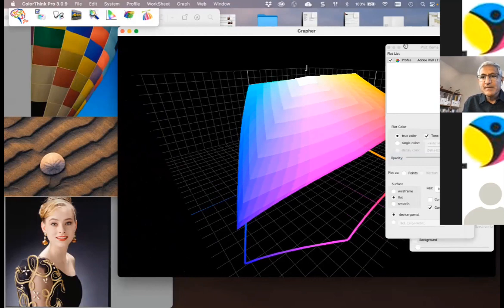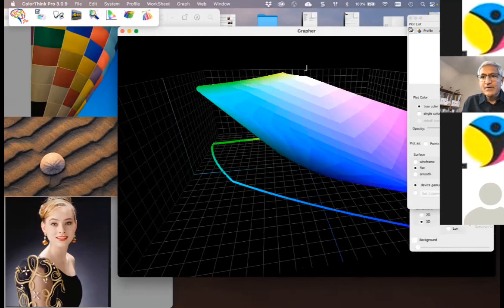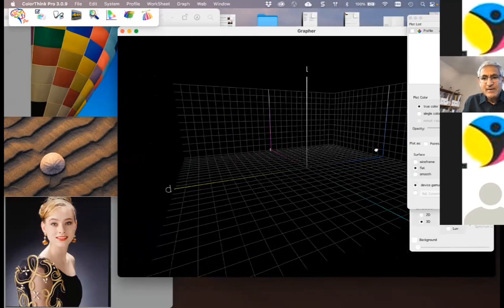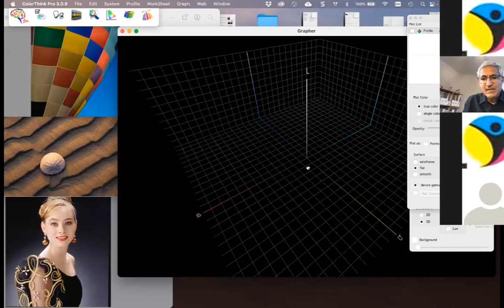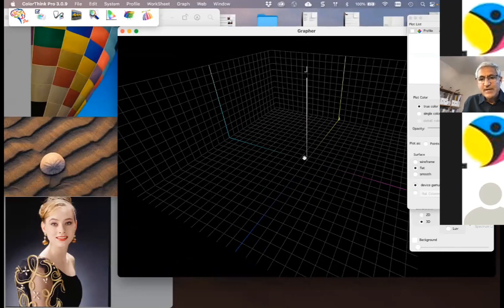So here's the LAB system. We just used it. Here are the axes that we used. It was positioned like this. Here's A, B, this is L star. As we get lighter, do you see it gets whiter, lighter, and darker at the bottom?